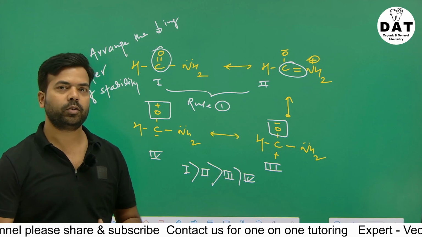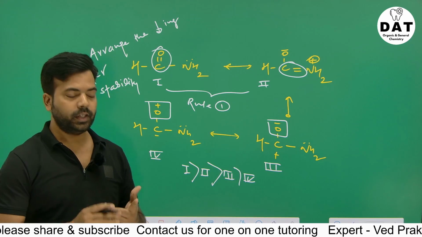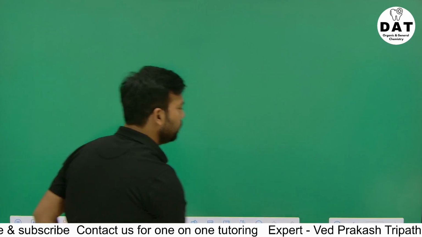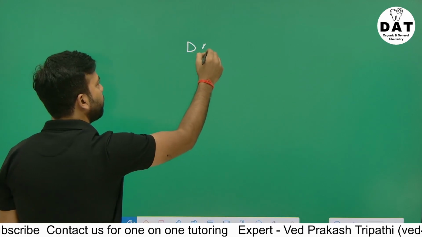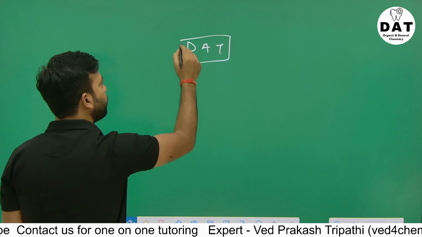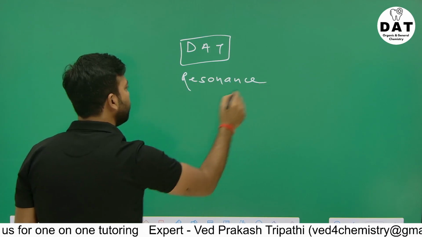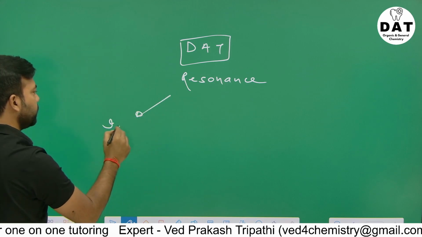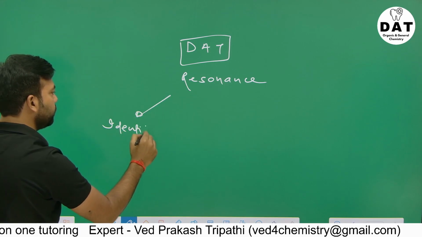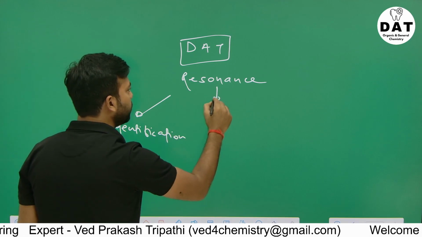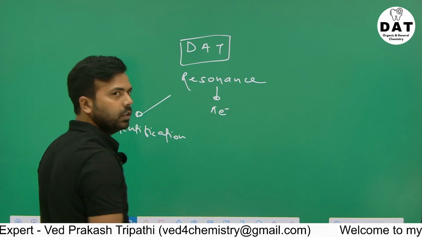So this is all about resonance. In resonance, we discussed how to identify. Let's look here, in DAT, if you look at this topic, the first thing is identification, which is very important. We have done this. Second thing is pi electron. We have done this.